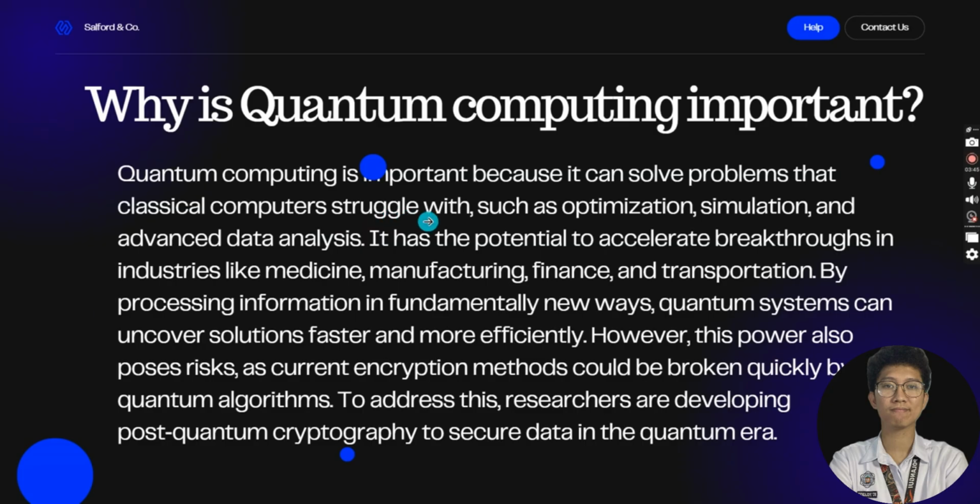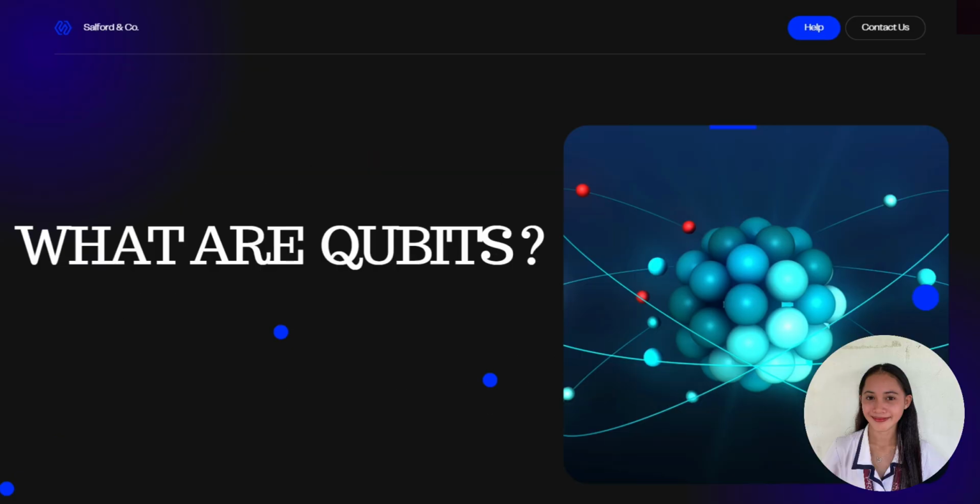It can solve problems that classical computers struggle with, such as optimization, simulation, and advanced data analysis. It would also have a great impact on artificial intelligence, since artificial intelligence is bound by what we can accomplish today with our computers. Having the power of quantum computers would have an immense impact on artificial intelligence.